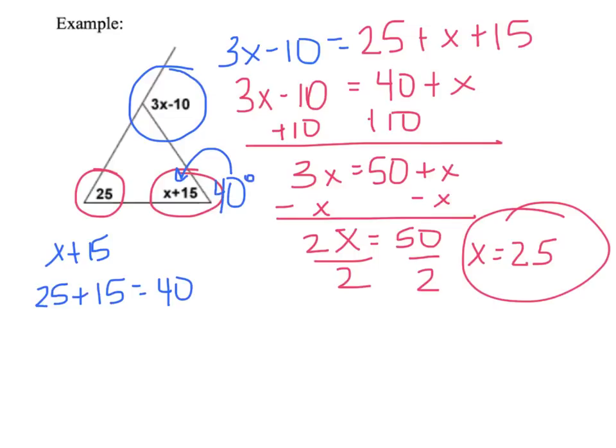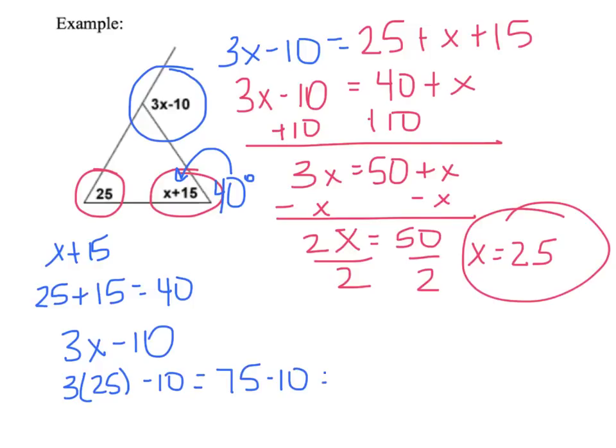And then we can do the same for the other one. 3x minus 10. 3 times 25 minus 10 is 75 minus 10, which equals 65. So this angle is 65 degrees. Now you can check that by saying, does 40 plus 25 equal 65? And it does, so you know that your answer is correct.